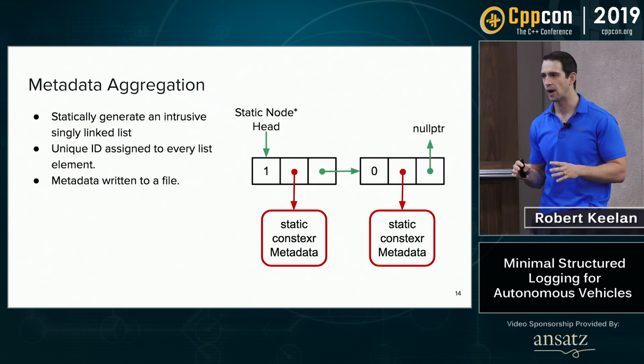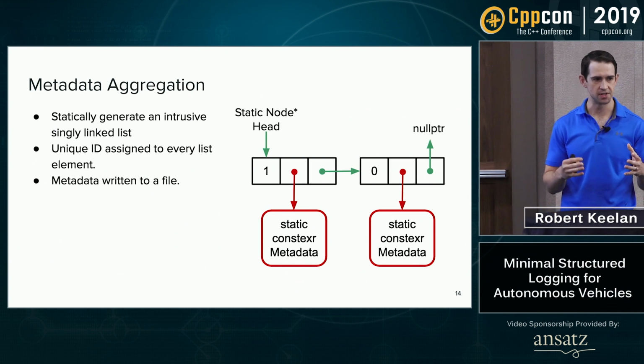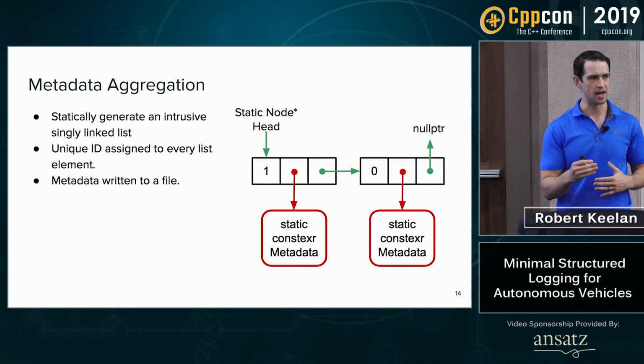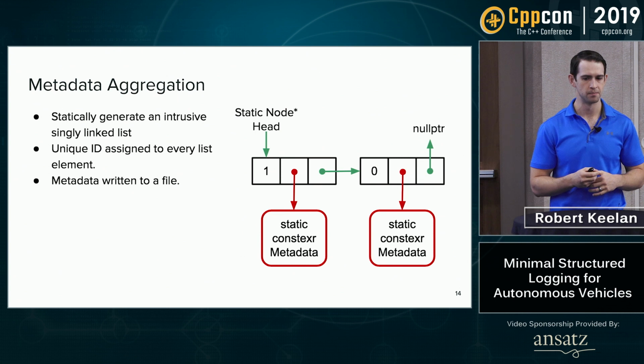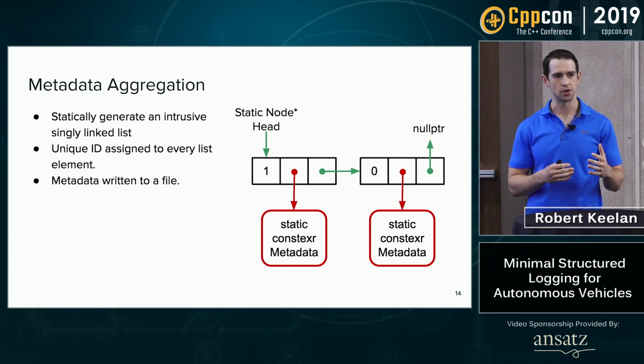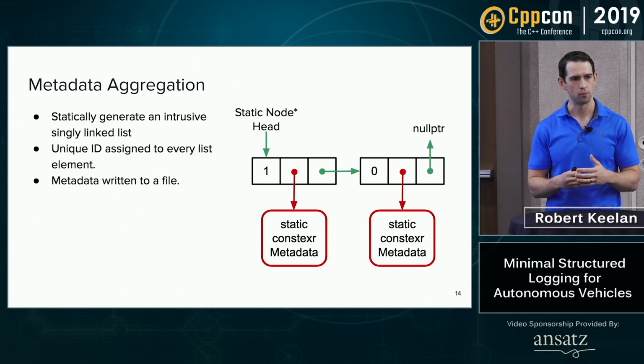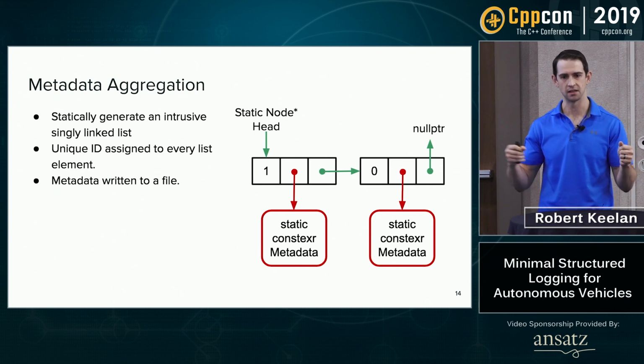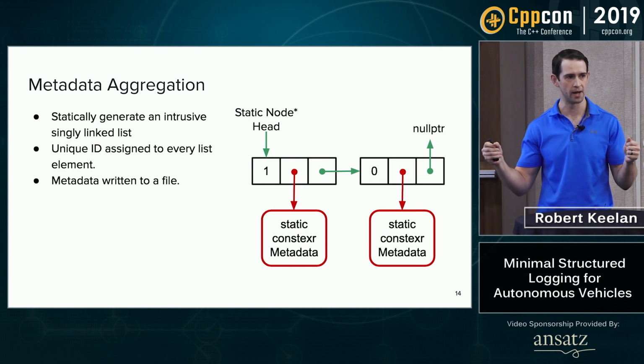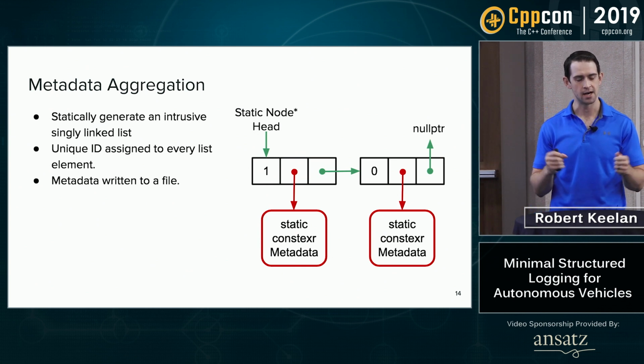So let's talk through how we would actually generate this metadata from all the individual log statements in our program. The approach that we chose was to create a static linked list of all of the metadata when the program starts up. So before main hits, we're going to generate this linked list of all the metadata for each debug log statement so that we can collect it later.